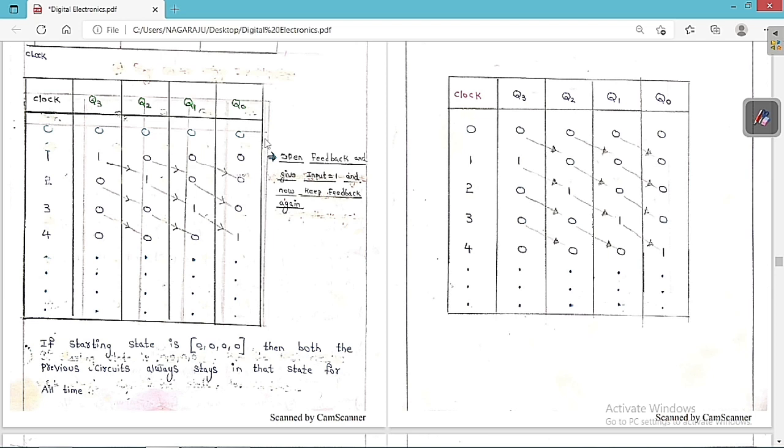In these two circuits, you always have to open the feedback, give the initial 1, and then close the feedback. Then only it is going to act like a ring counter. If you are not opening the feedback and not giving any input 1, then it is always going to stay in 0 0 0 0. This is a point that you always have to keep in your mind.